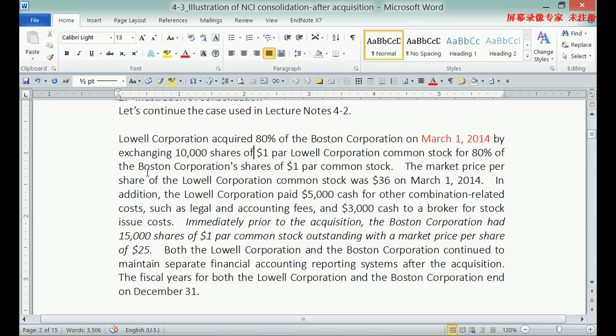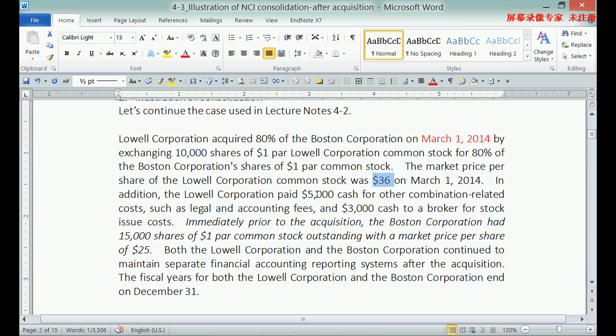So from this information, we know that there are $10,000 because 10,000 shares multiplied by $1 par. That's the common stock that Lowell should record for this investment, and the rest, $35 multiplied by 10,000, which is $350,000, would go to additional paid-in.